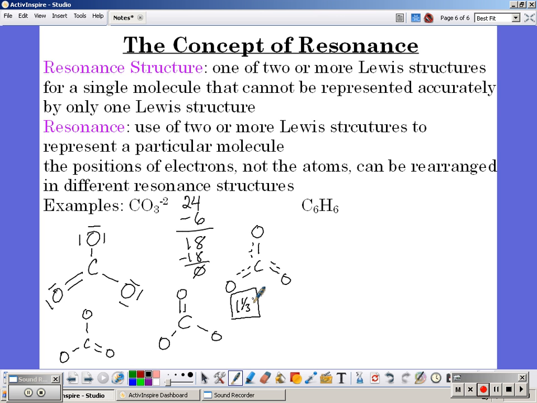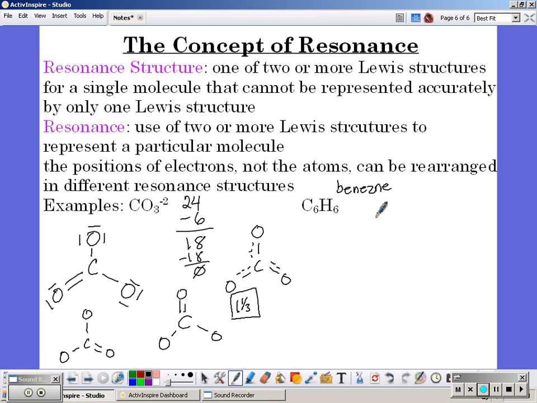Benzene and other organic compounds are very popular with resonance structures. So we have C6H6, which is benzene. That's one that you're just supposed to be able to recognize. It's a cyclic compound of 6 carbons and 6 hydrogens.